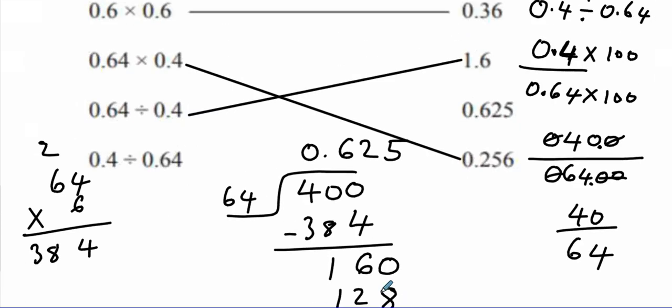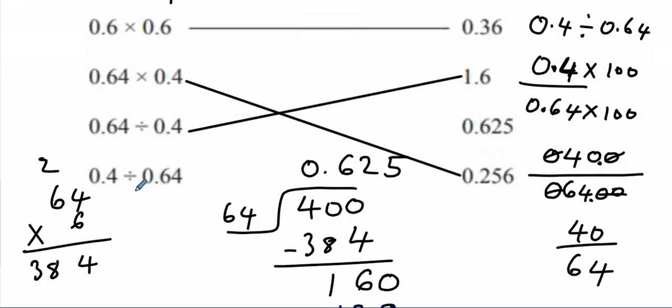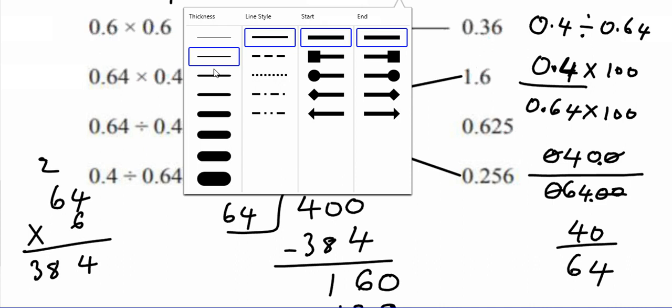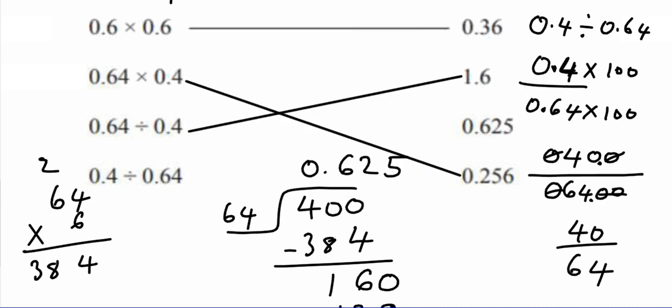Okay, now we have 0.4 divided by 0.64. The answer we got over here is 0.625, so this will match with that.